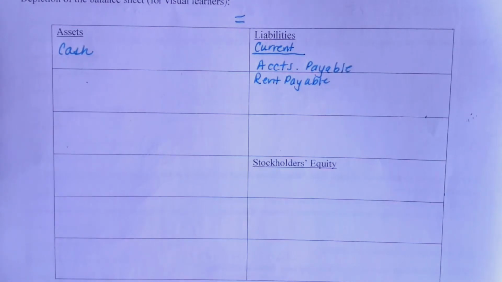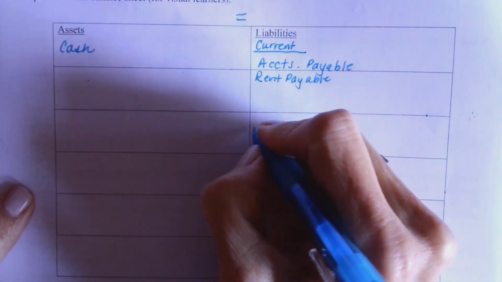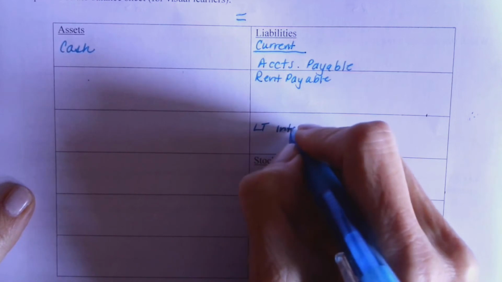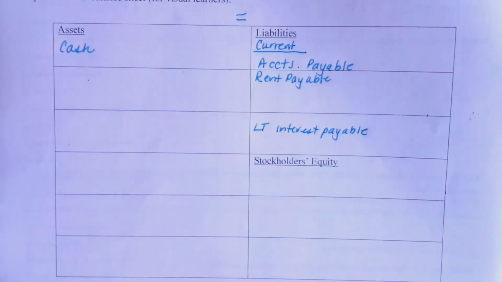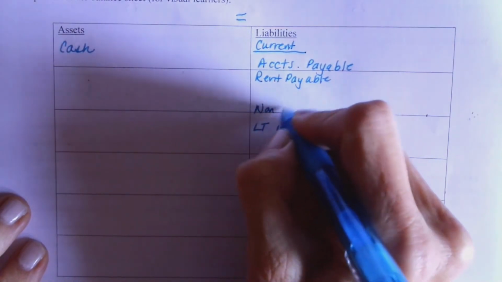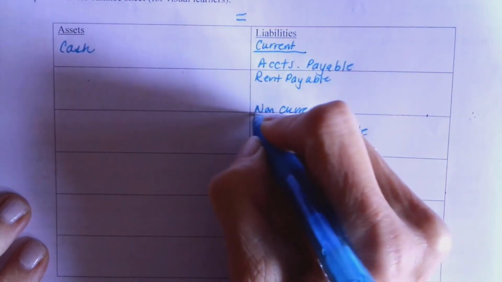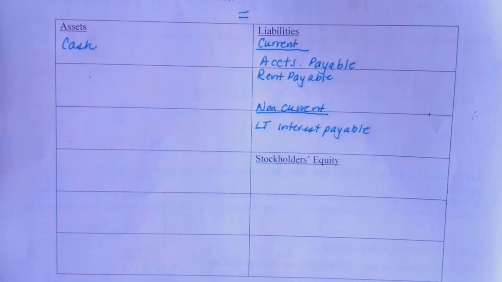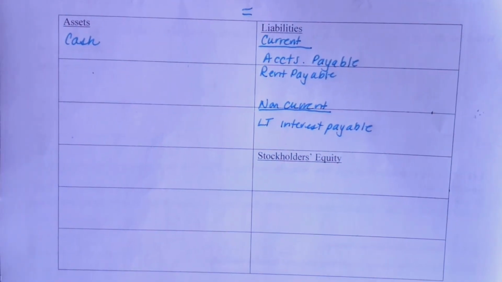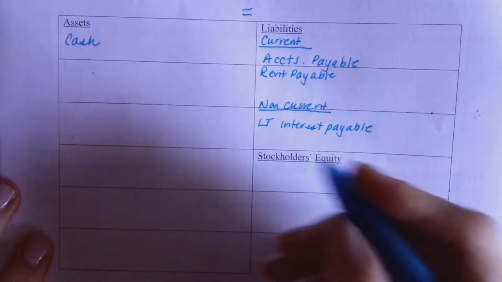Do you guys know any long-term liabilities? Long-term interest payable. Okay. And so we'll put these as non-current down here. How about common stock? That goes down here, right? Good.